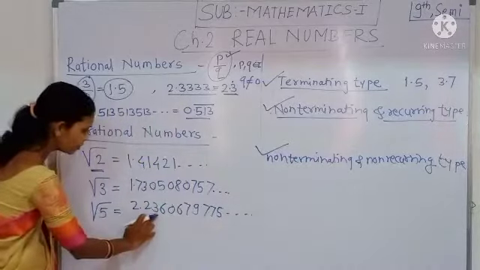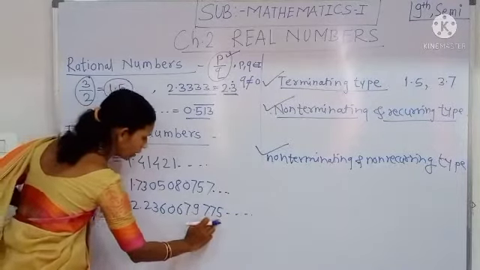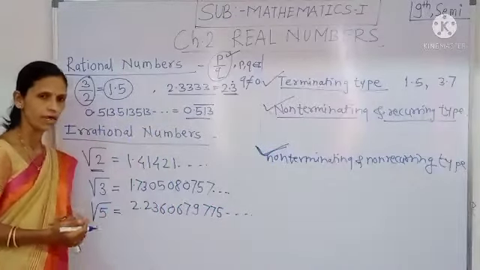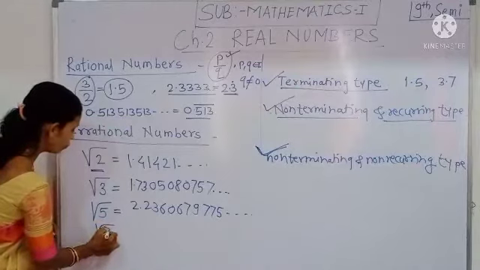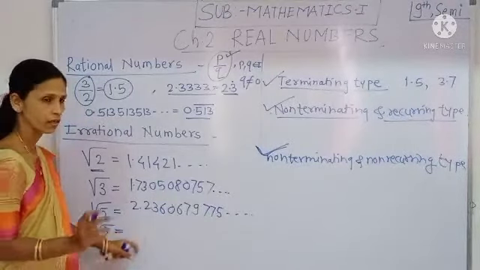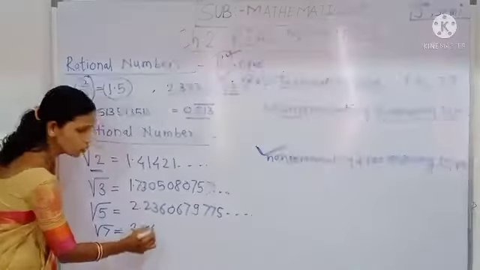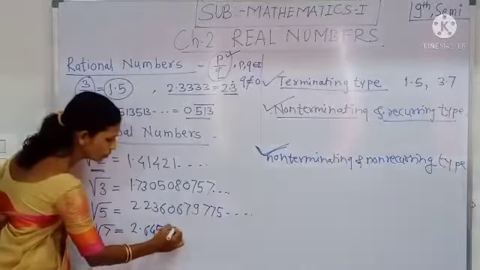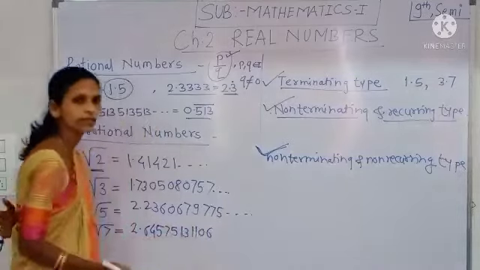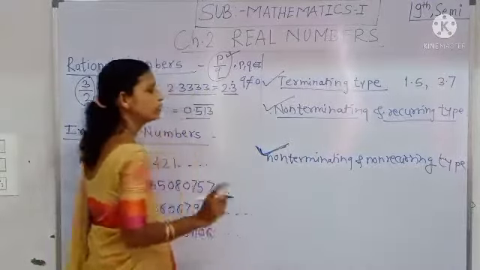See here, the decimal form of root 5 is also non-terminating and non-recurring. We can take a few more examples of this type of numbers, such as root 7, whose decimal form is 2.64575131106, also non-terminating, non-recurring.